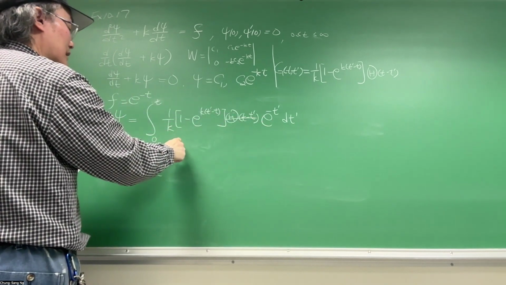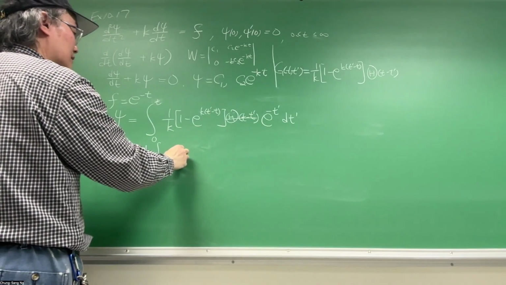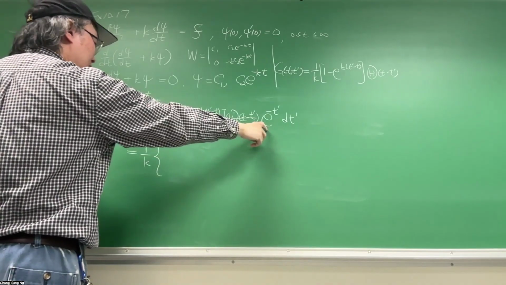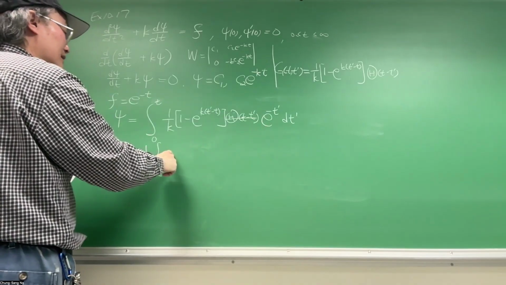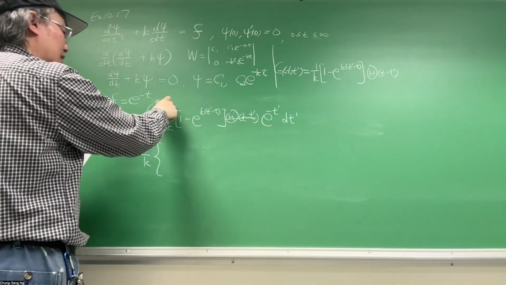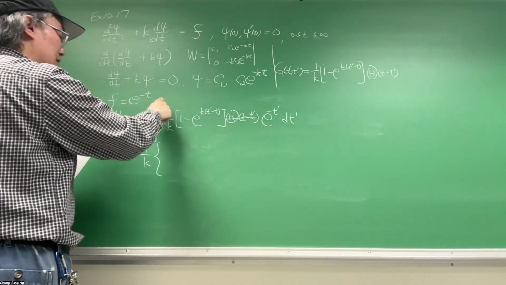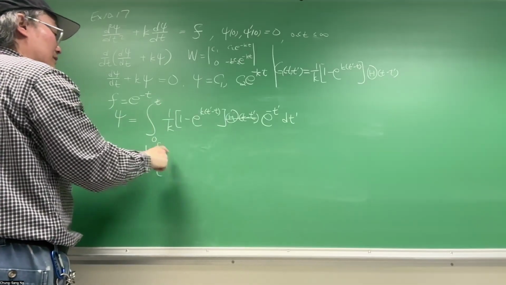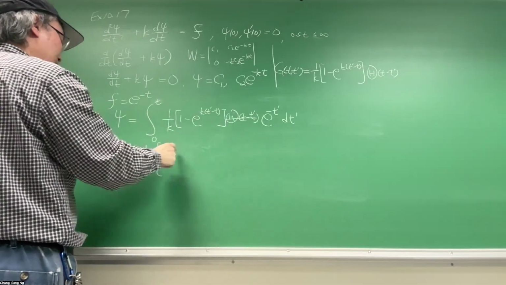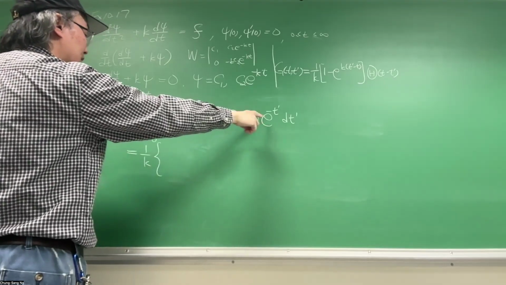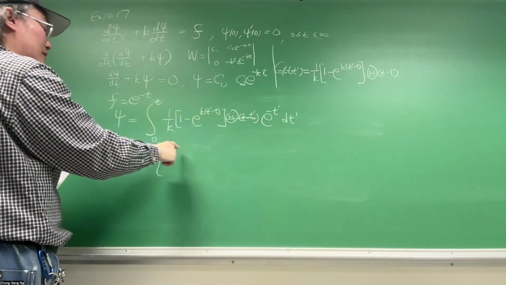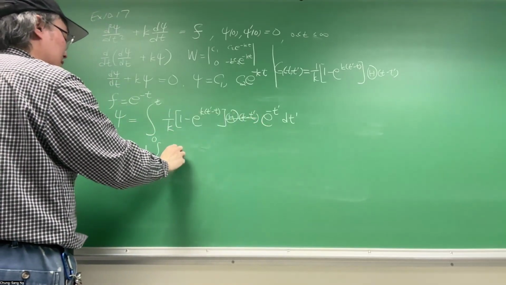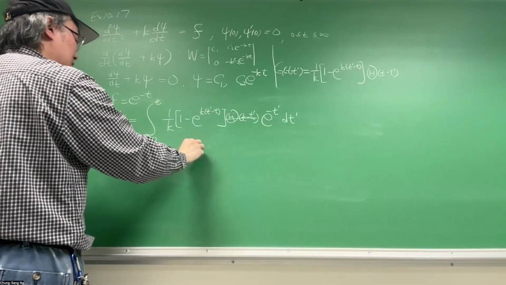You integrate that, it becomes e to the minus t, exactly the same with the minus sign. And then you evaluate from 0 to t, but you have a minus sign, so it's evaluated at 0 first, so it's 1 minus e to the minus t.